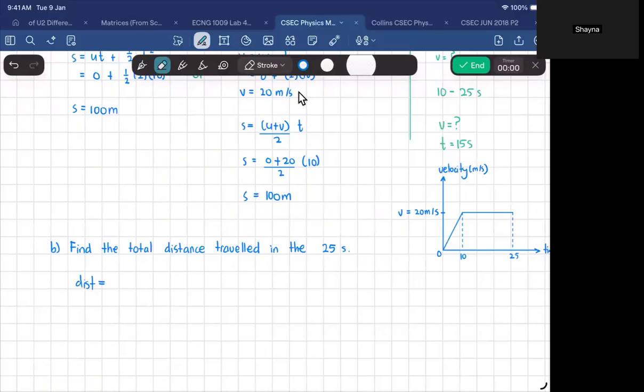It is literally just V by T, because the velocity is constant. So distance traveled is just equal to V by T. The velocity was 20 and the time was 15.